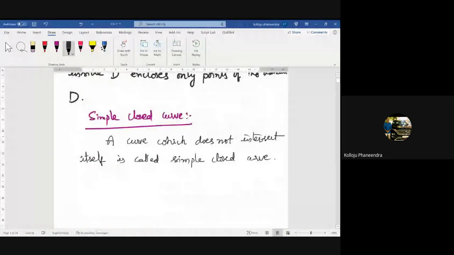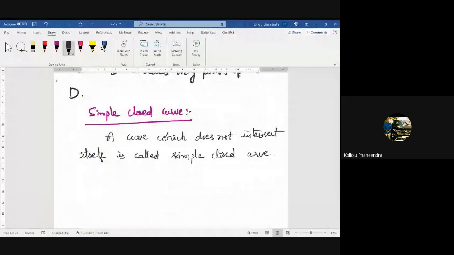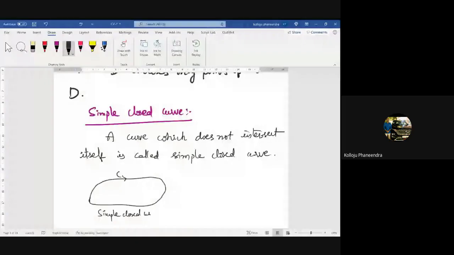What is the meaning of this? For example, if I take one curve like this, this is the curve C. Does this curve intersect itself anywhere? It is a simple closed curve, and it must be closed. Remember, it must be closed.